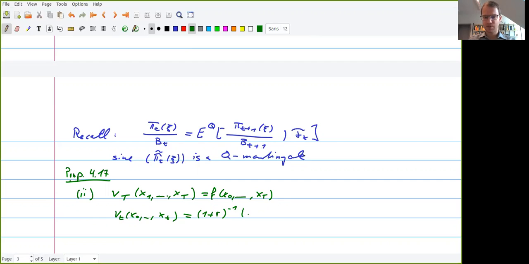And then the value function at time t is nothing else than the conditional expectation of the value function at time t plus 1. So we have here q times the value function for the upward move plus 1 minus q times the value function for the downward move.